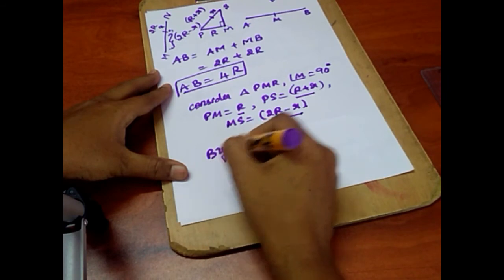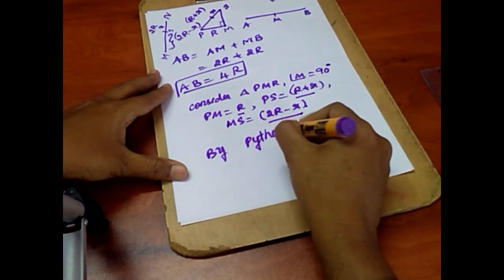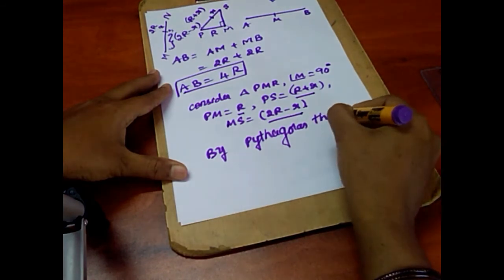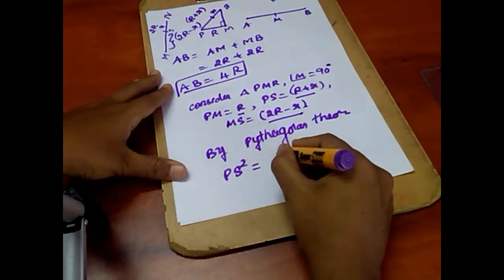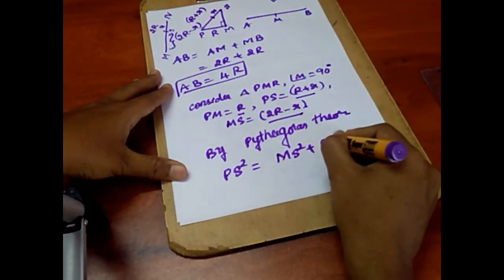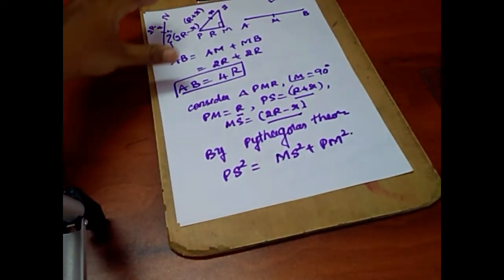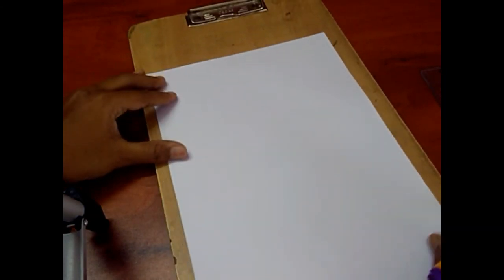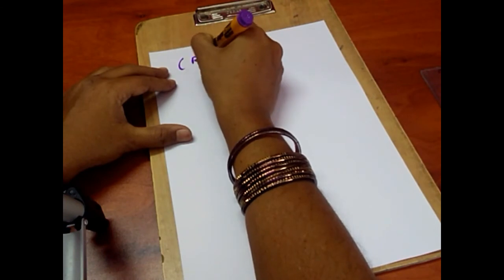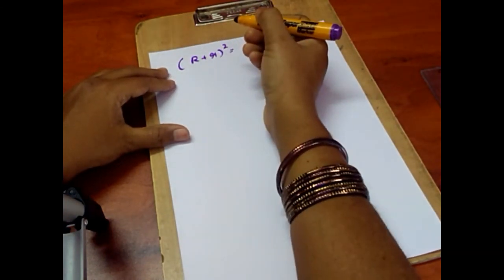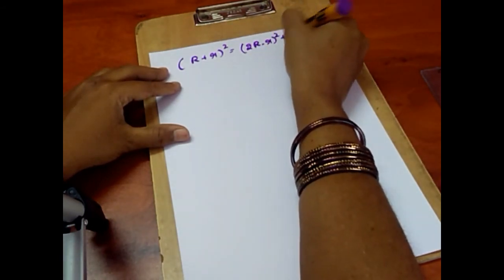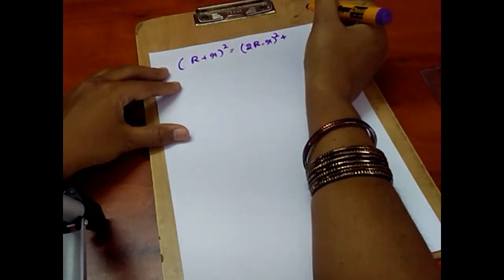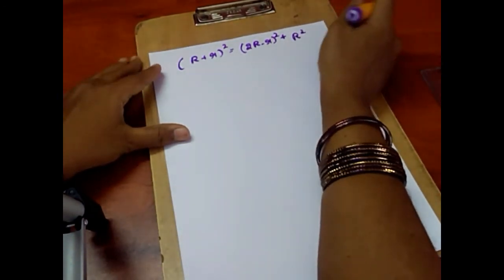Now, by Pythagoras theorem, PS square is equal to MS square plus PM square. So PS is R plus r whole square, which is equal to MS, given as 2R minus r whole square, plus PM, which is capital R square.